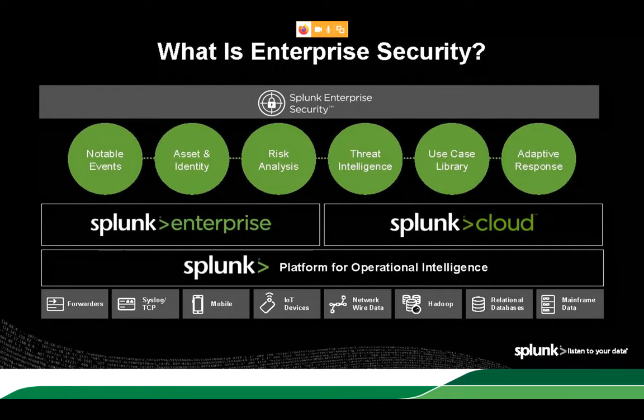Then comes the asset and identities, which is an external enrichment which we can do. Risk analysis also, it's a framework for how enterprise security analyzes the incidents and prioritizes them as per the data coming in from different data sources, correct?